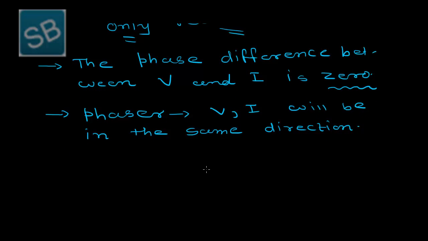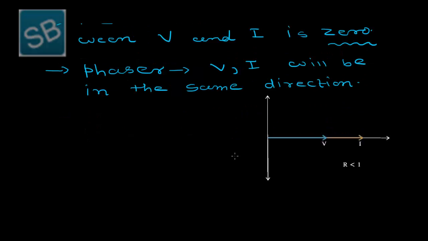Such a characteristic we can see from the graph. Here the characteristic is shown in which the phasor of voltage and current are in the same direction, on the time axis or whatever quantity you have taken in this direction.